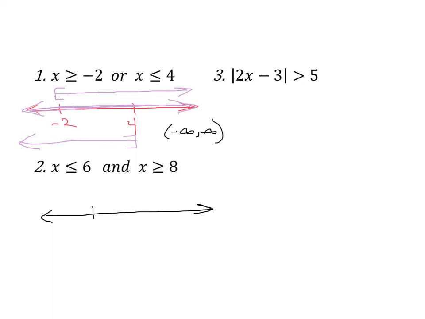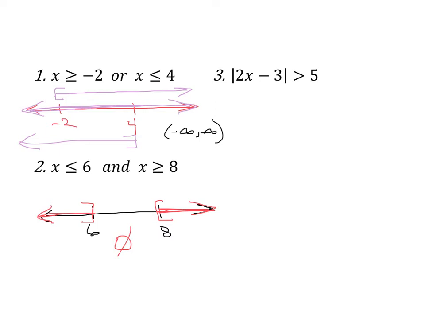But if you think of 6 and 8, and x is less than or equal to 6 goes this way, x is greater than or equal to 8 goes this way, you can see that they don't overlap. So your solution set is like that, and that's the answer.